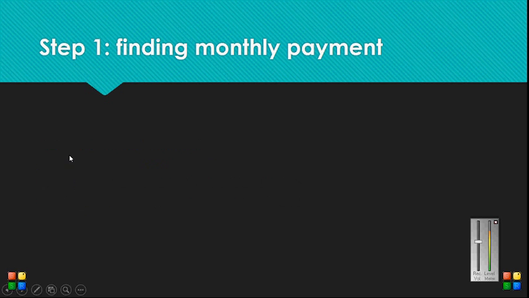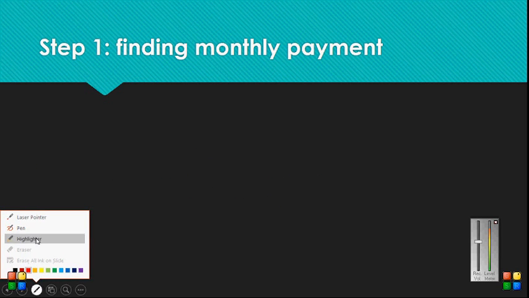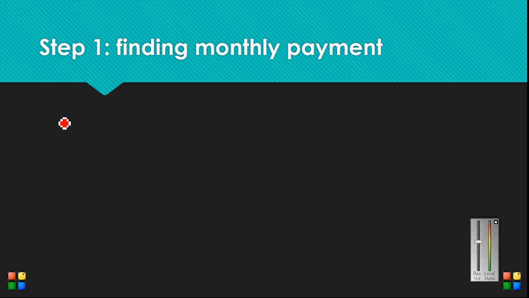To find the monthly payment, you have to use a formula. This formula is going to be PMT is equal to the principal, which is 12,000, times the interest rate, which is 0.07 over top of n, which is 12 because there's 12 months in a year.